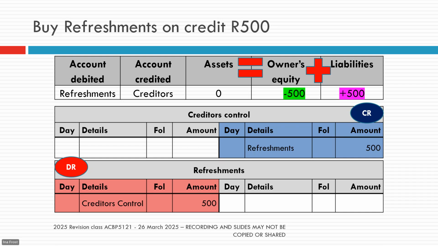And when they're doing creditors control, they have to write down the debit entry account's name, which is refreshments. I'm not sure if you actually explained to them the importance of not writing creditors, but that the cross-referencing is always the contra account, the other account's name.